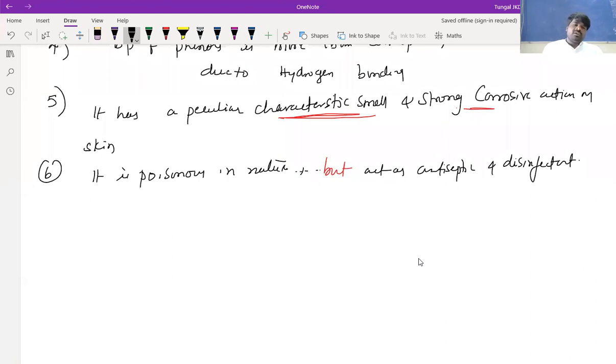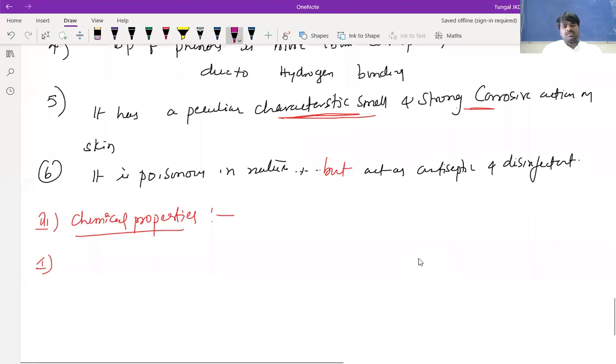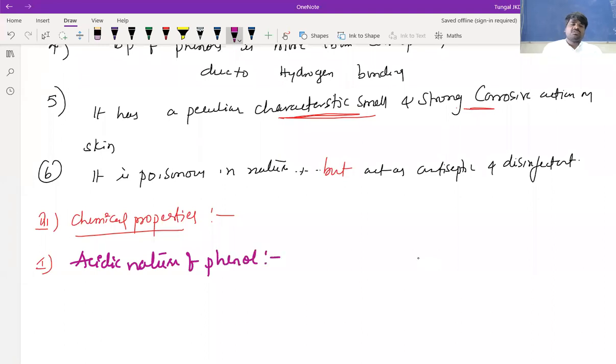Now, the next is chemical properties. Under this, first we will discuss the acidic nature of phenols, which is very important.